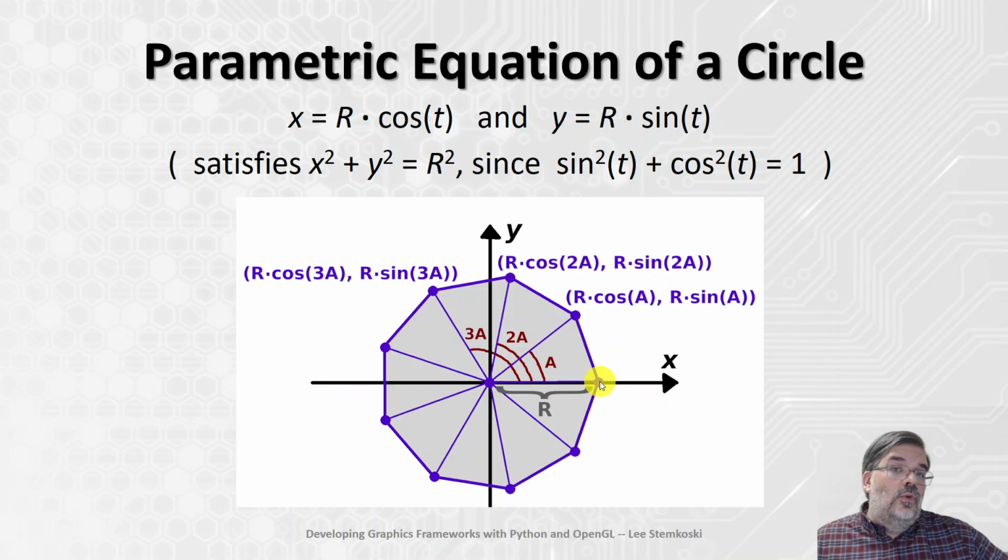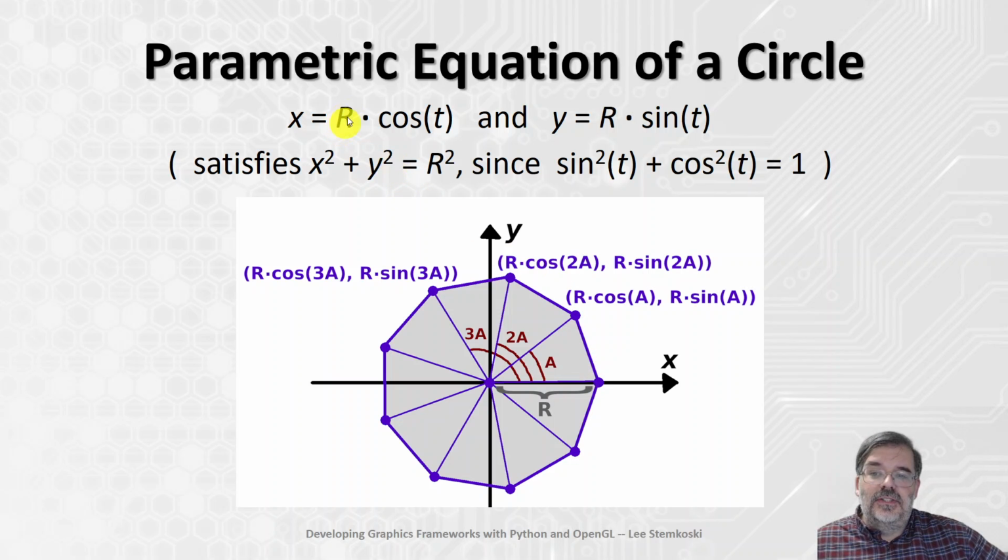All right, to create the formula for the vertices of the polygon, we're actually going to use the equation of a circle and choose a certain number of equally spaced points around that circle. Now, to come up with a parametric equation of a circle, we're actually going to use trigonometric functions, sine and cosine.